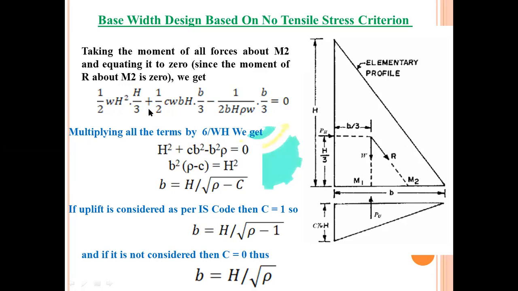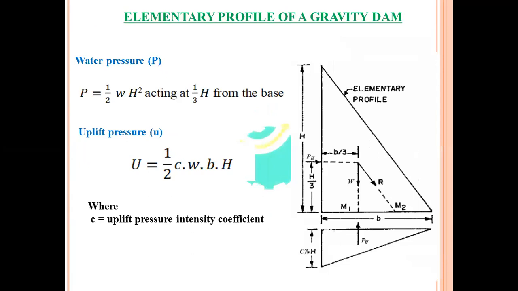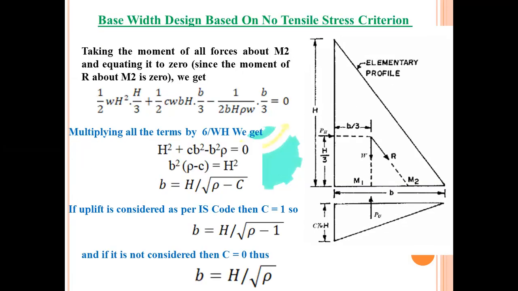Next one, half C W B H into B by 3. That is the uplift pressure. At what distance does it act? B by 3 distance. In which direction does it act? Vertically upward, so it is also taken as positive.